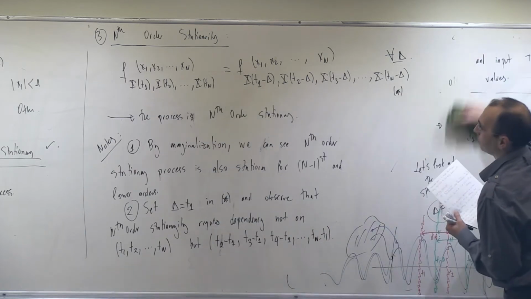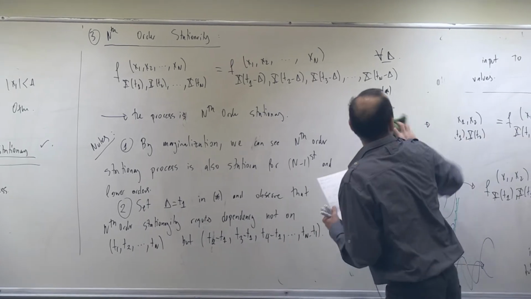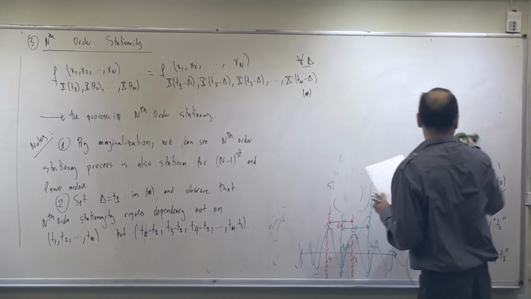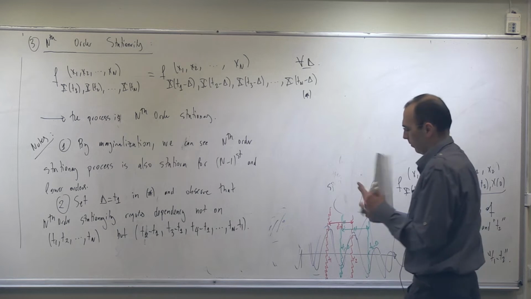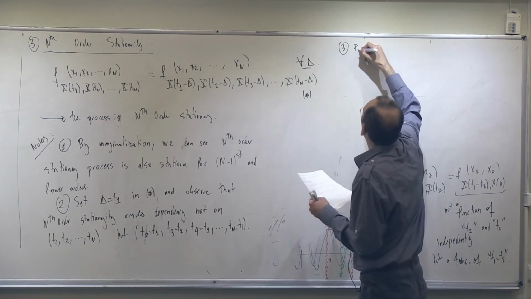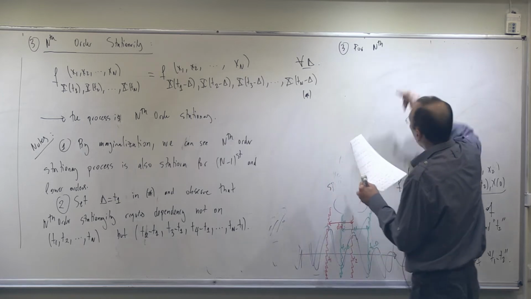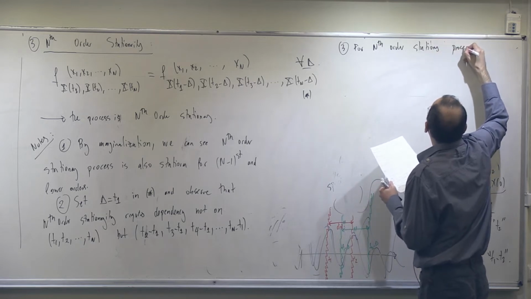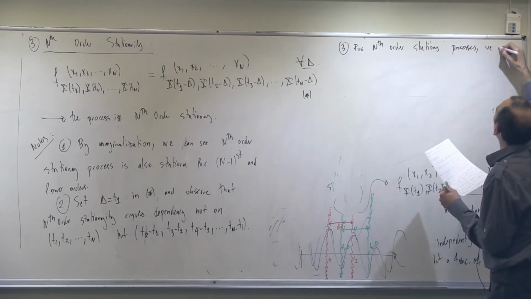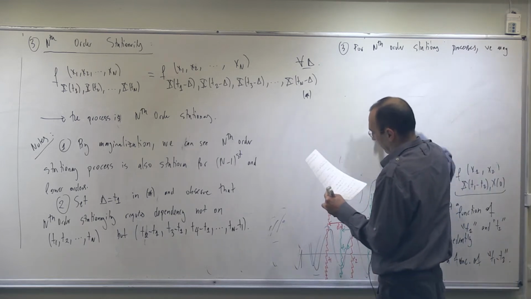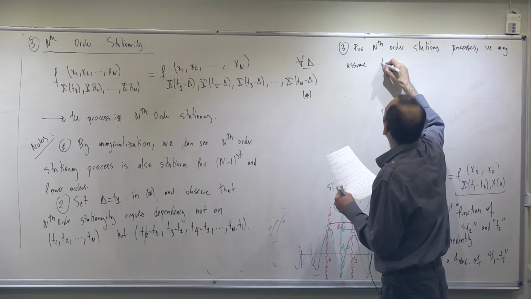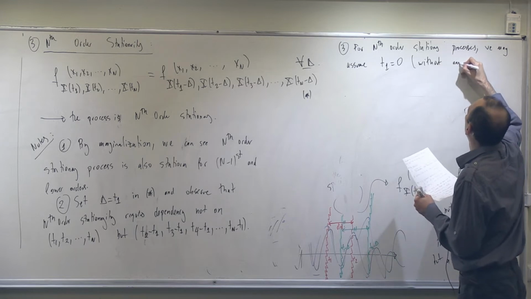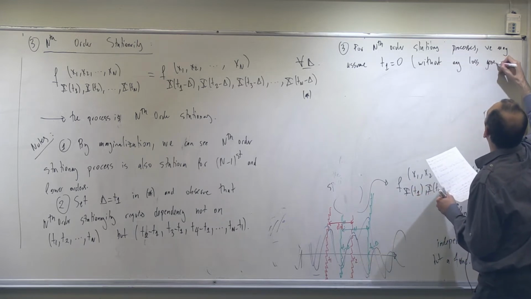Number four. Sorry, this is number three. For nth order stationary processes, we may assume that T1 is equal to 0, so without any loss of generality.